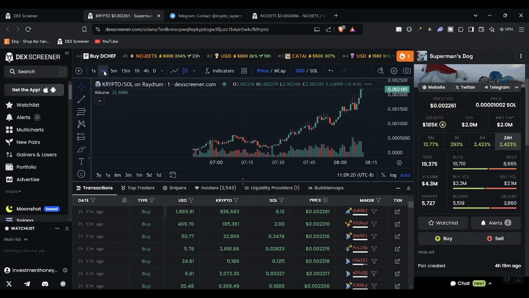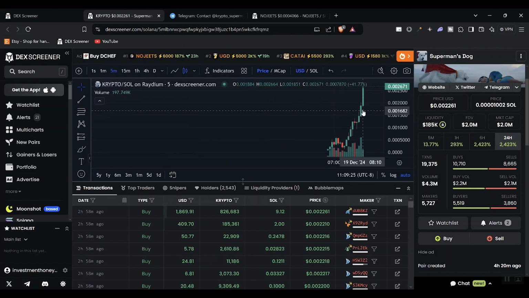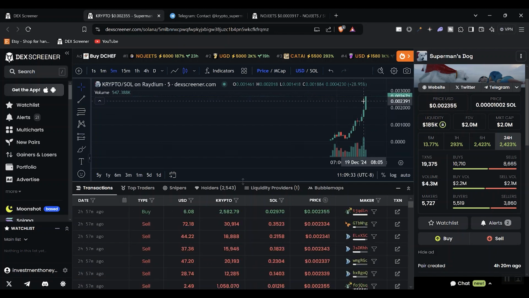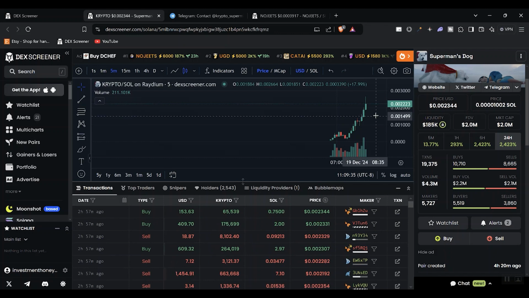Yes, especially when you look at it on the 1 minute, it looks healthy. But on the 5 minute, if I were somebody looking for a potential entry on this, there's no way on earth I'm looking to take an entry at the top of this candle. That is insane. Because look right there, there was a big sell right there, so you're automatically in a loss, and so it doesn't make any sense to buy the top.